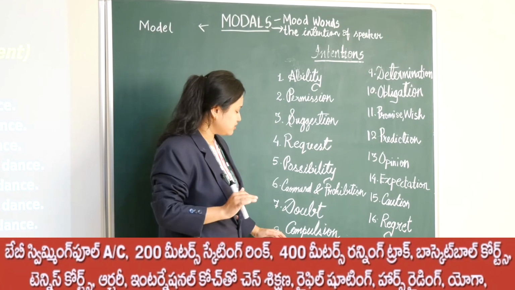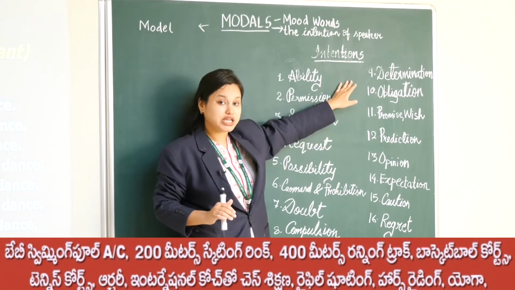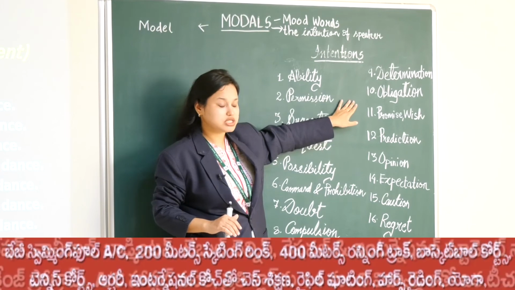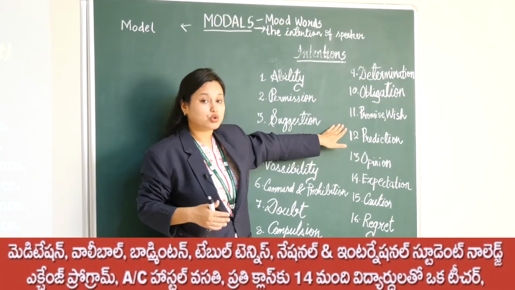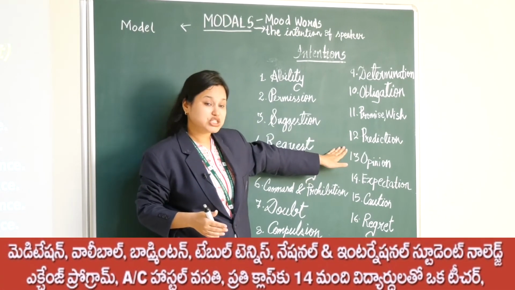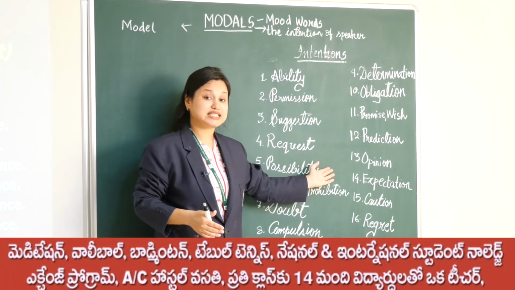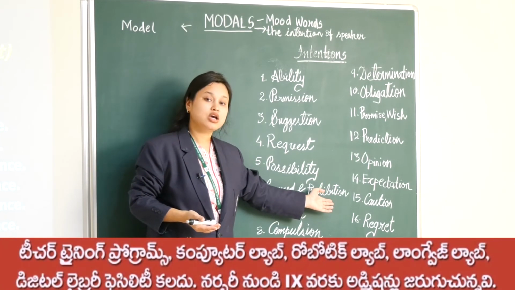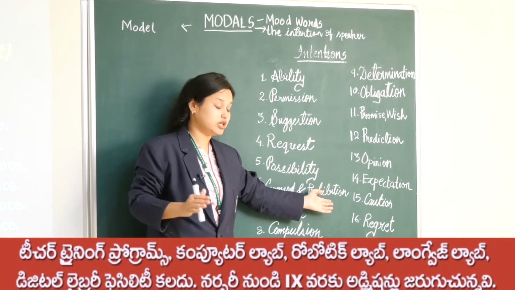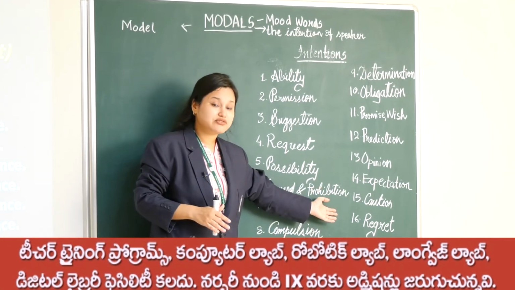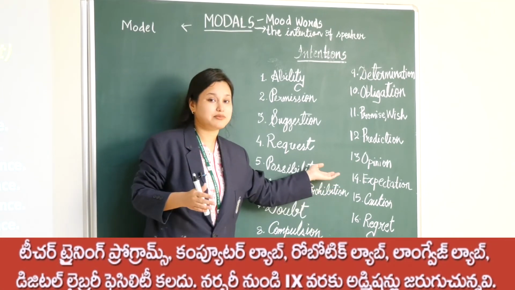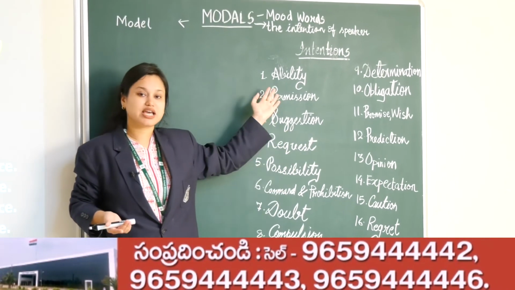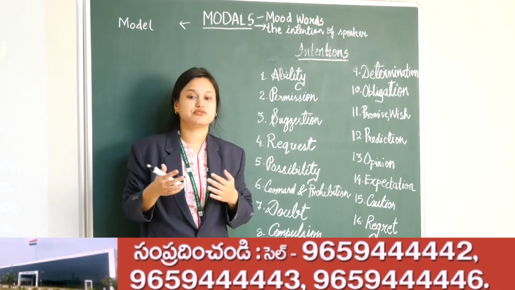Compulsion, determination, obligation, which is duty. Promise or wish, prediction, opinion, expectation, you should perform well. Caution, warning, giving warning to someone. Regret, feeling sorry, oh I could not come, I'm so sorry, that is a regret. So all these emotions we have covered, how we can express with different modals.